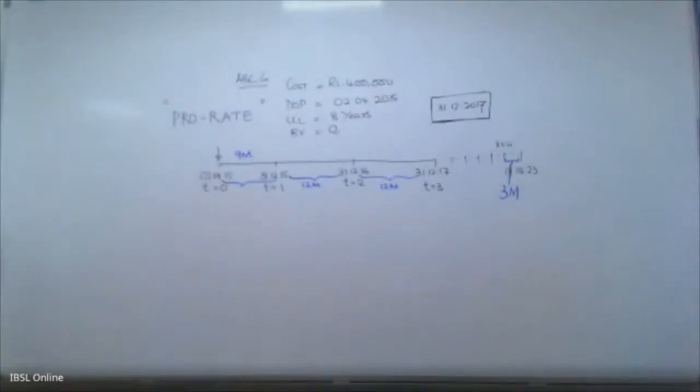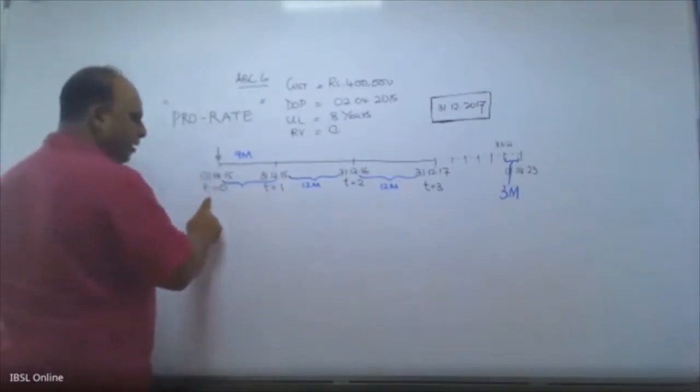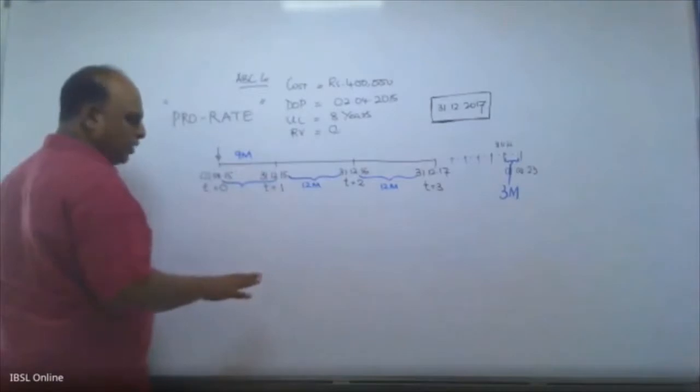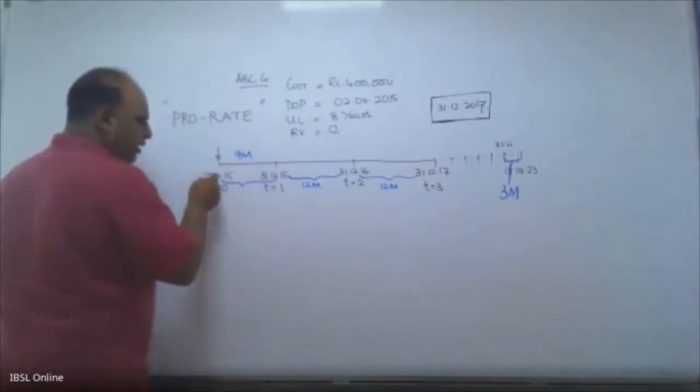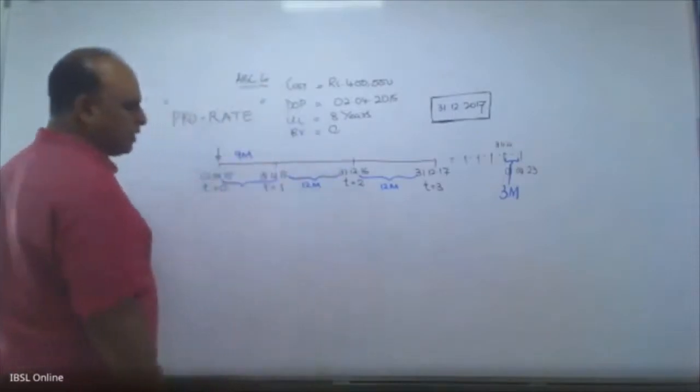Prorate convention is therefore considering the number of months, or say the period that you have actually used it. So I have purchased it on 1st of April or 2nd of April. Whether I am using it or not is a different story. But the moment you say my date of purchase is 2nd of April, from that point onwards the depreciation starts.